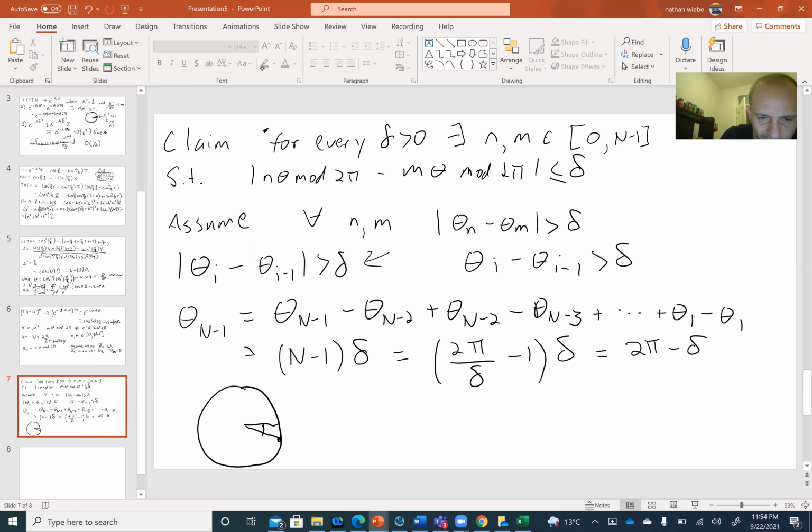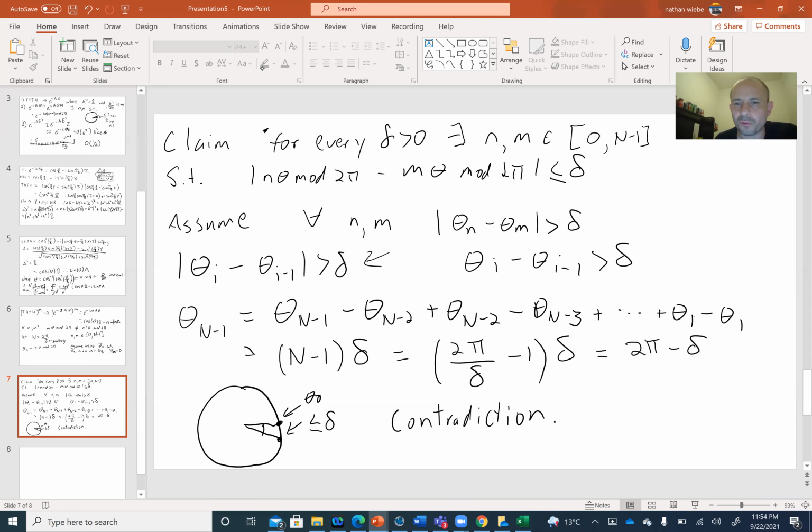So this angle in here has to be less than or equal to delta. But we assume that this is theta 0. So theta 0 now has to be closer to theta n minus 1 than delta. This is a contradiction.